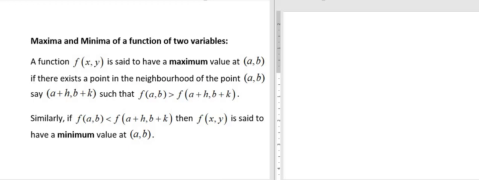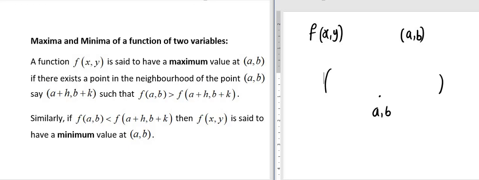Once again, observe, f of x comma y is the given function. This function is said to have a maximum value at a comma b if there exists a neighborhood of a comma b. Consider a neighborhood of a comma b.